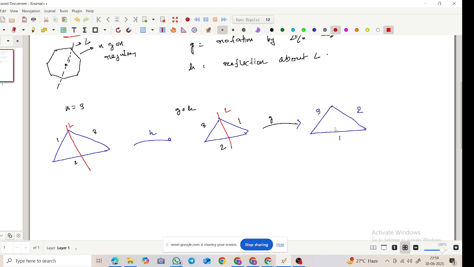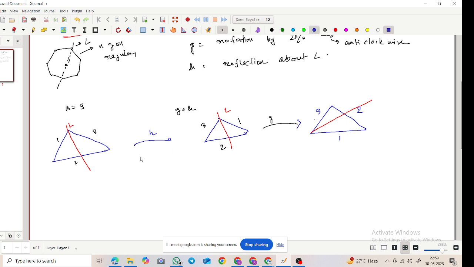Sir, is it anti-clockwise or clockwise? Okay, let's take anti-clockwise. That's a good question actually. You can take any. It doesn't matter.